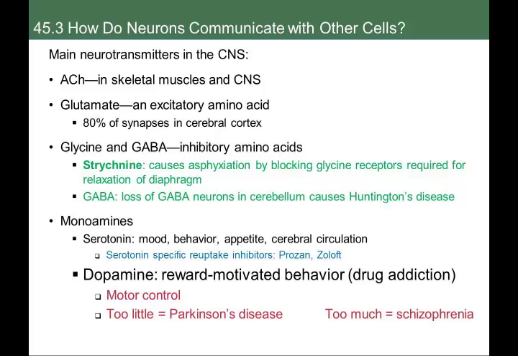So you can see overall the importance of the regulation of these neurotransmitters in terms of being able to regulate their effect on the postsynaptic neuron and how long they're in the synaptic cleft. And by tweaking that, you can have very positive outcomes in terms of mood and behavior, or you can have very negative outcomes too, as you can see in the cases of things like Parkinson's and schizophrenia and the use of rat poisoning.